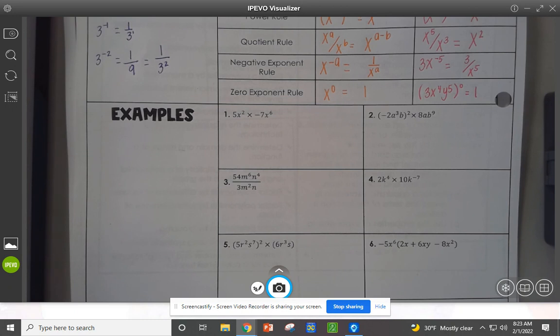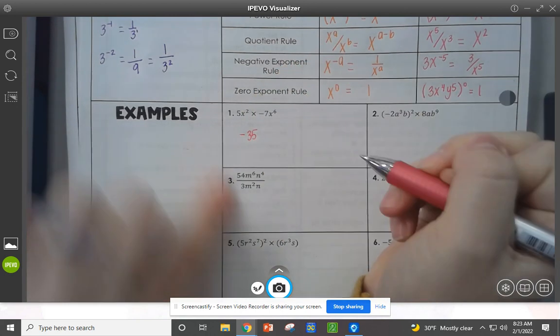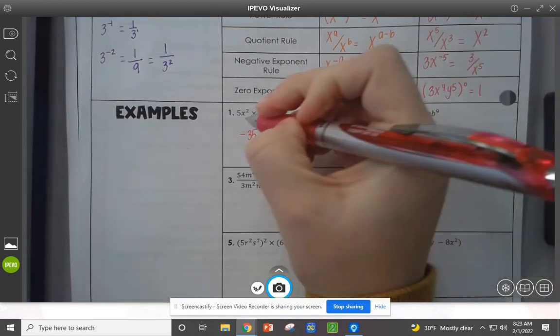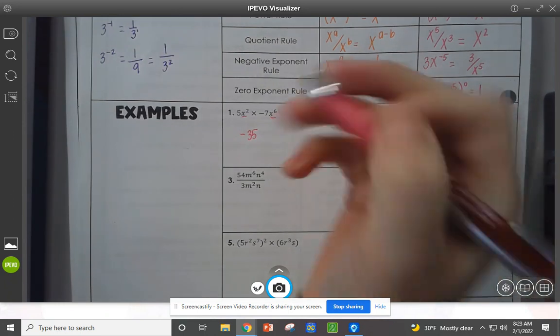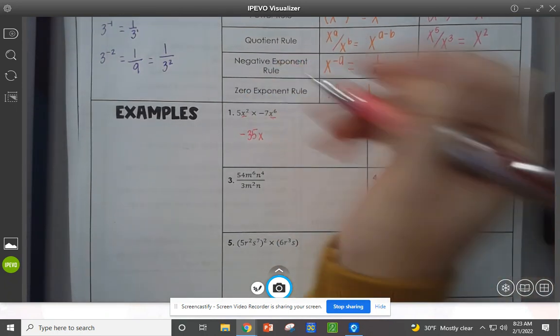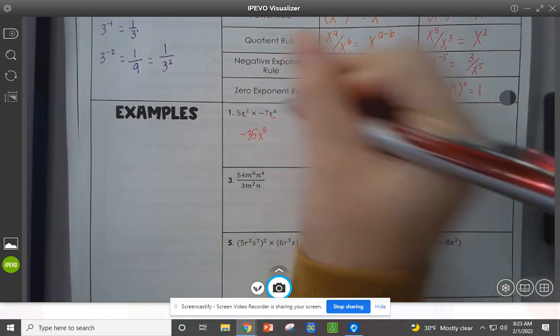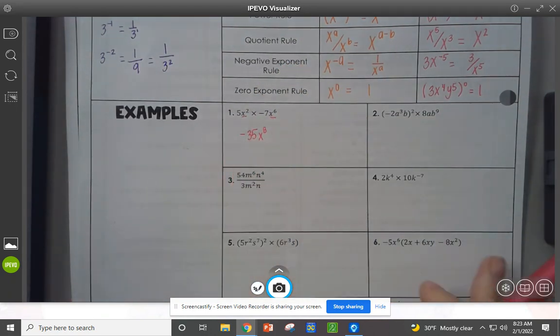Those are not exponents, so they don't follow the rules that we just listed. You just do 5 times negative 7, which is negative 35. And then we have x squared times x to the 6th, which is x to the 8th. We're multiplying variables.